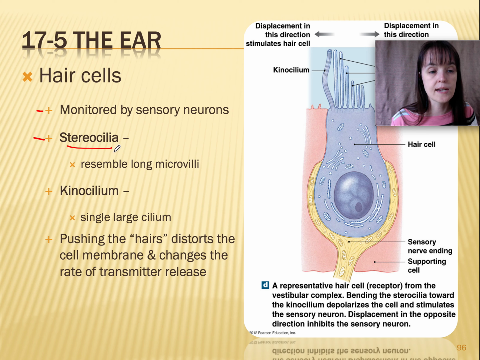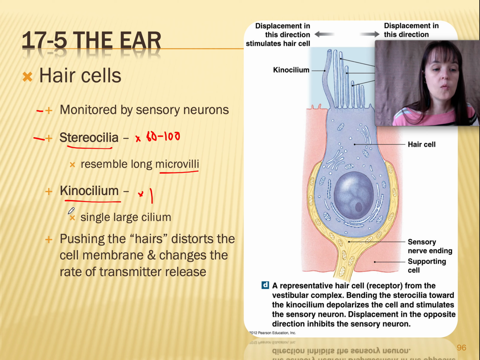So the stereocilia are microvilli. There's 80 to 100 of them per cell. And each cell has 1 single large kinocilium, it's the longer one. And when the hairs are pushed, that distortion of the plasma membrane alters the rate of transmitter release across the synapse to the sensory neuron.